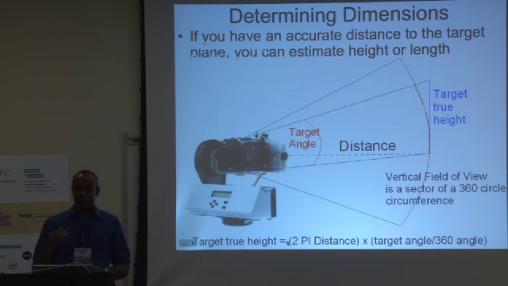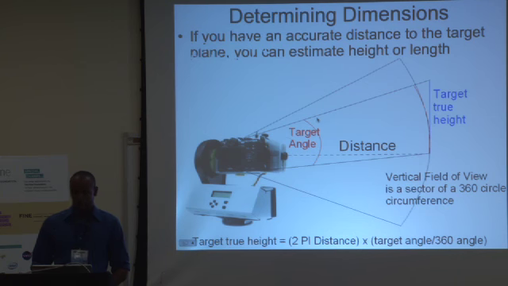Again, the idea is that the Gigapan has part of a circle here. This true target height is the Sears Tower. It's been reprojected in a spherical plane through the Gigapan, and we are determining the overall circumference and dividing that by the sector circumference.